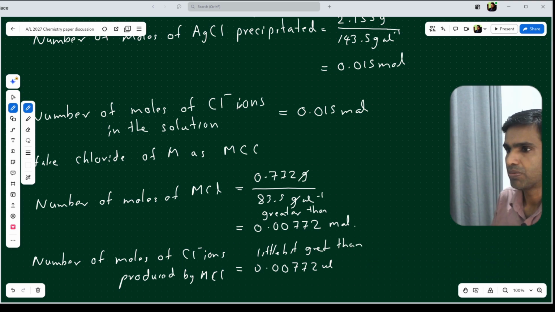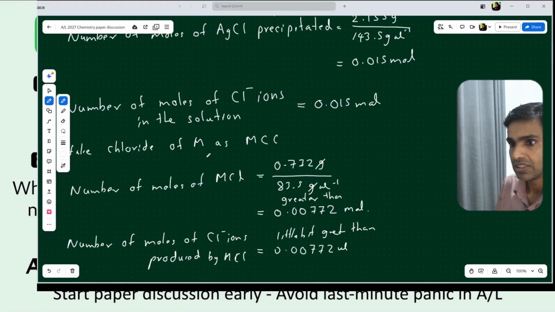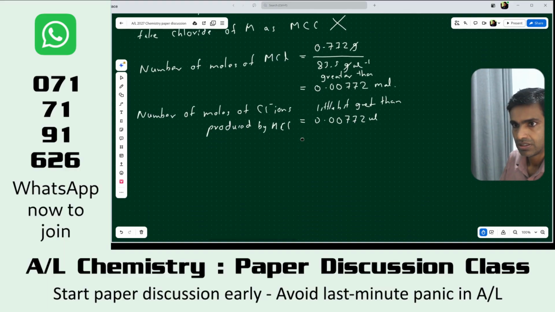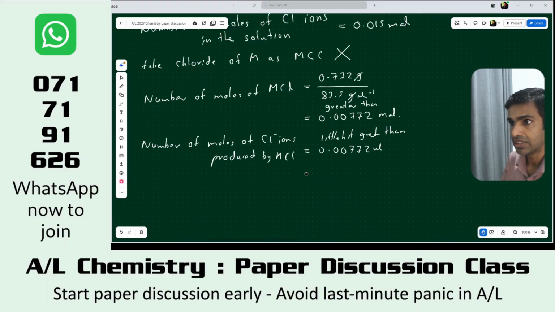But the number of moles of chloride ions in the solution was 0.015 moles. So these two values are not equal. Therefore, the chloride of M cannot be MCl. Then we can test other formulas.